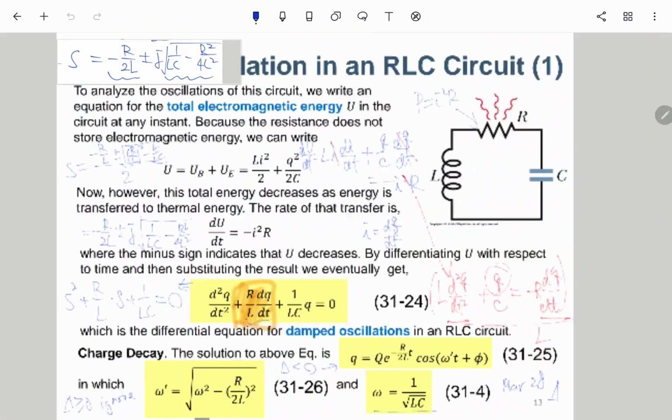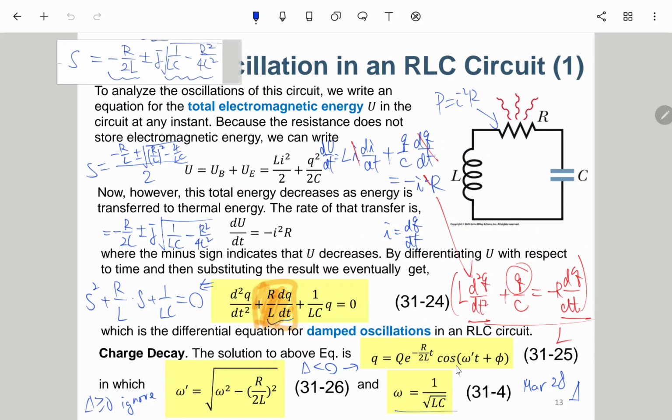So here you write it as omega prime t rather than that thing.